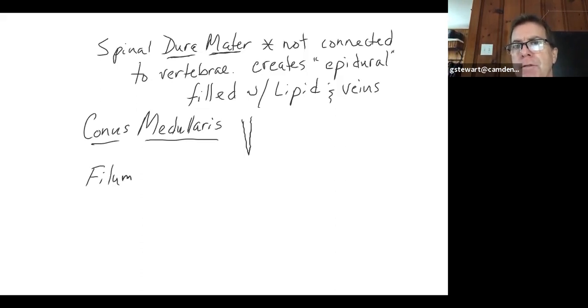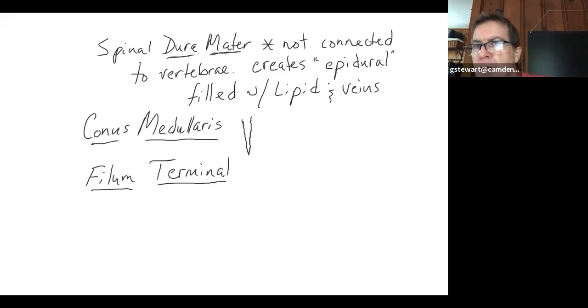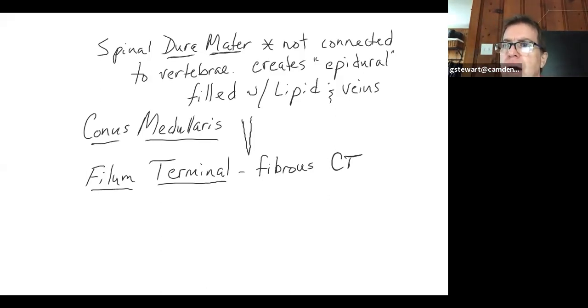This anatomical term, filum terminale, or terminal. Sometimes I've seen it spelled with an E at the end, and that's pronounced terminale. Other times without the E, that's just terminal. This is just fibrous connective tissue that connects the spinal cord at the very end to the coccyx bone.